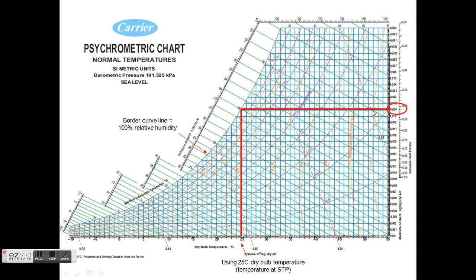We'll find that it's holding 0.2. Now we'll look here. These curved lines are the lines of relative humidity. So at this same temperature, if the relative humidity is lower, the moisture in the air will be lower.